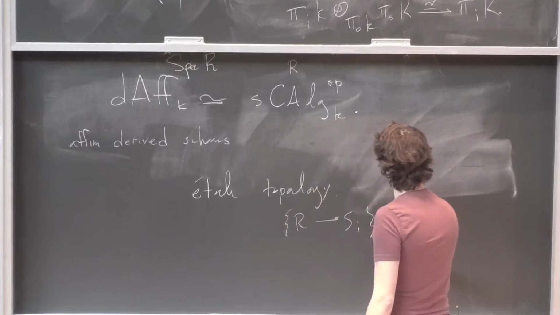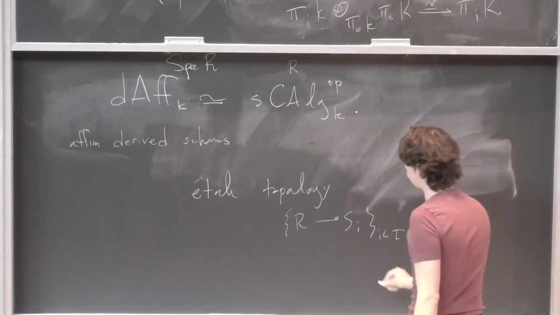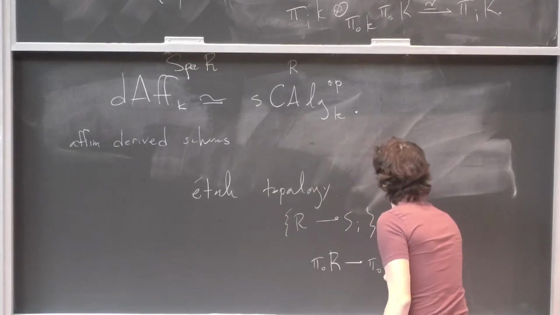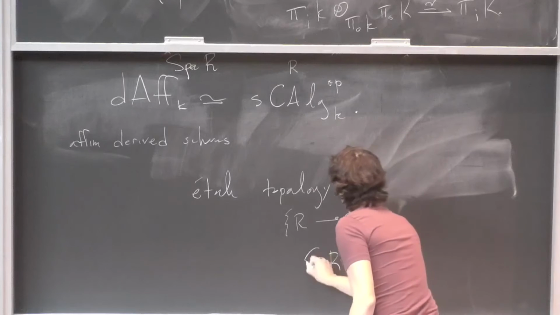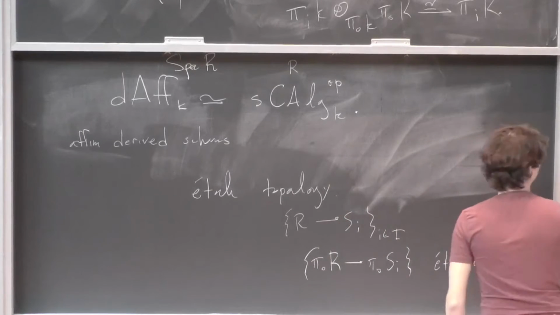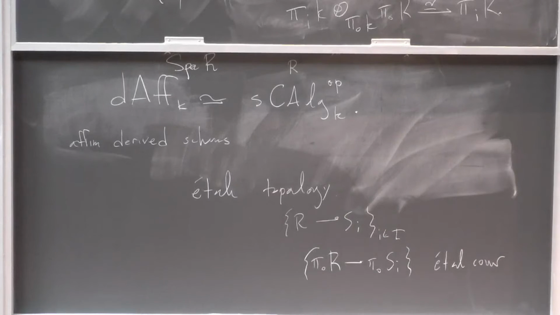This is an étale cover if the induced maps pi 0 R to pi 0 S_i is an étale cover in the classical sense. And so now I'm going to start to look at the category of sheaves we're going to study, and that's going to be the home for all of our geometric objects, our stacks.